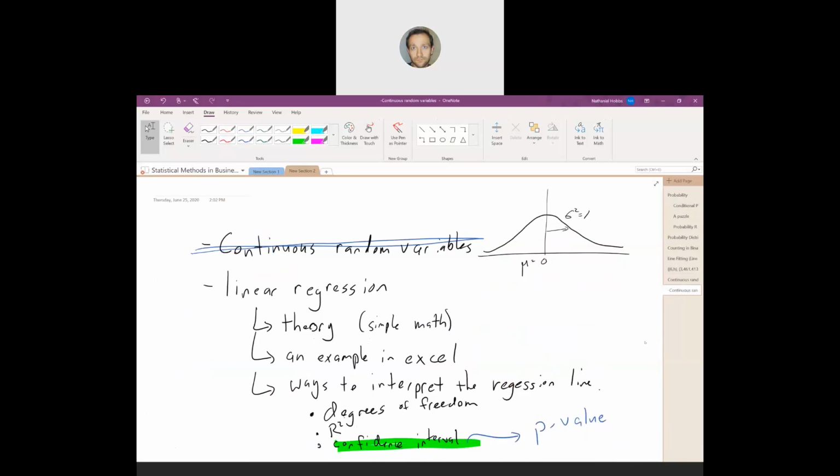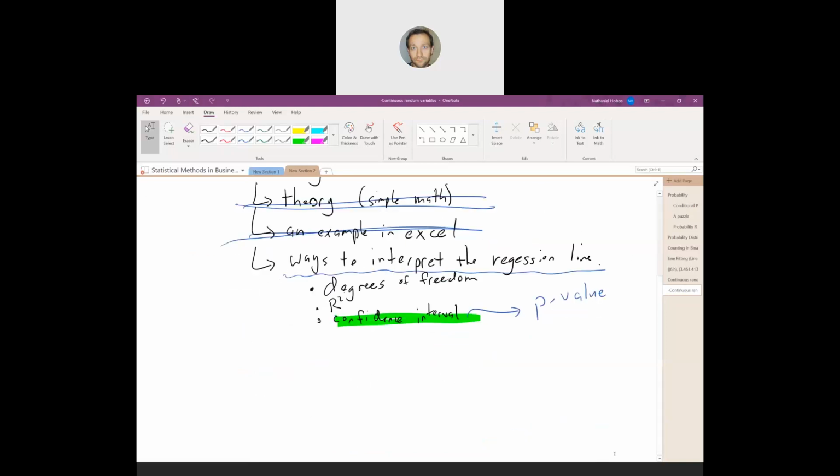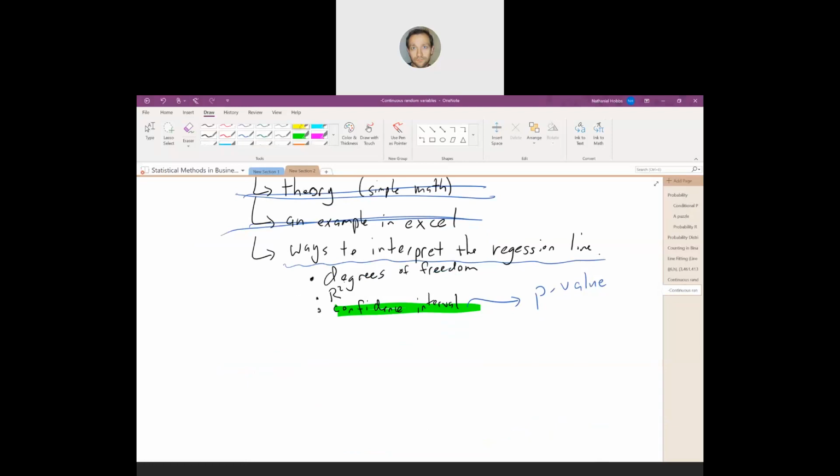Okay, so we've now covered some theory. We've covered the example in Excel. We're here now. And I'm going to be jumping to this, the p-value. The degrees of freedom, very quickly, that's pretty easy. Just mention that here. This one, degrees of freedom.